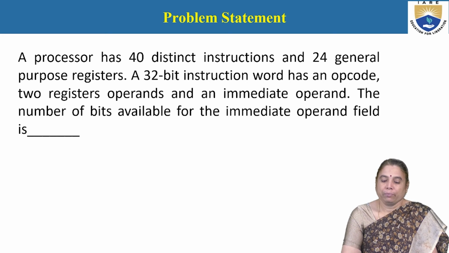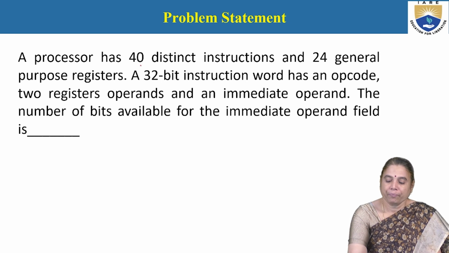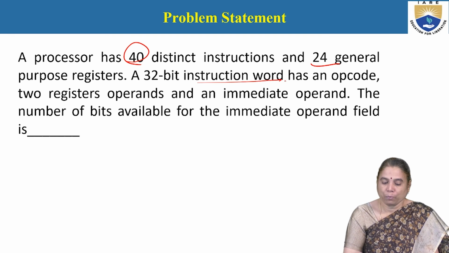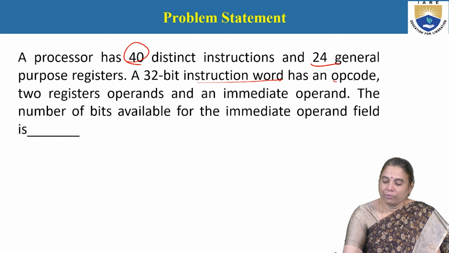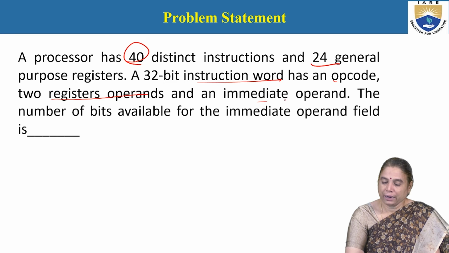Next problem statement is, a processor has 40 distinct instructions, 24 general purpose registers, and a 32-bit instruction word has an opcode, 2 register operands and an immediate operand.